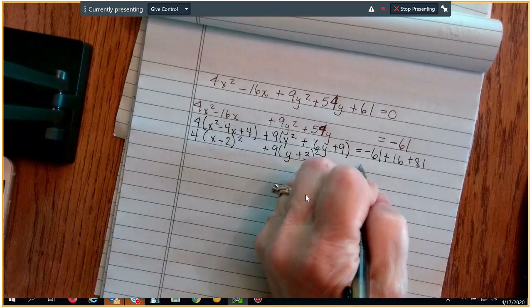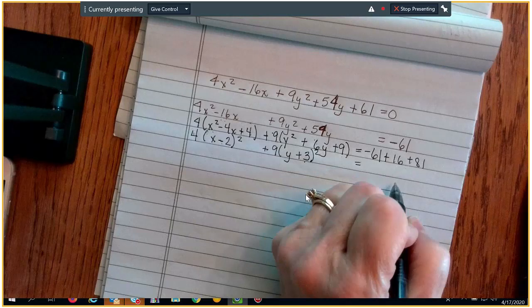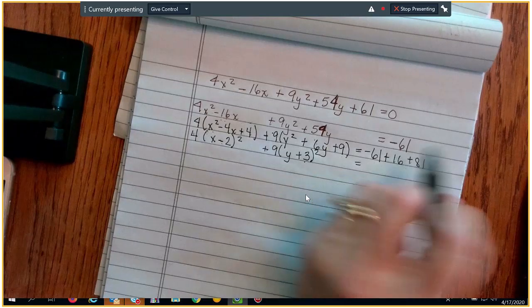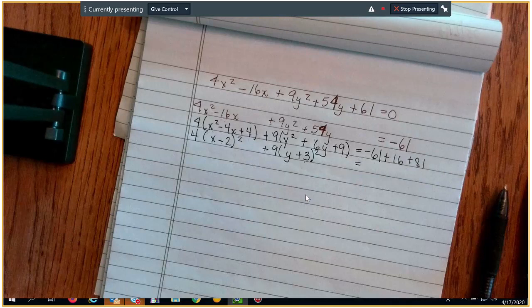And this is equaling negative 61 plus 16 plus 81. So negative 61, hang on. And you should get a 36.